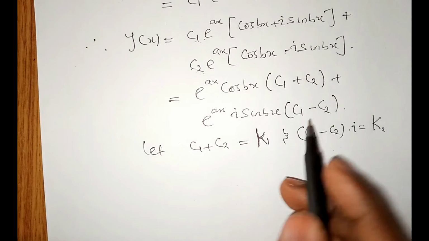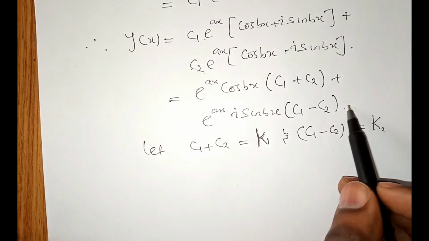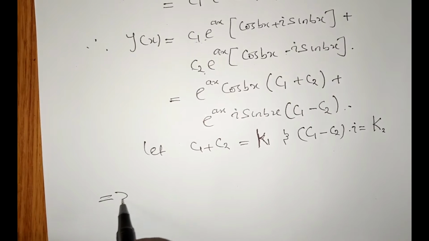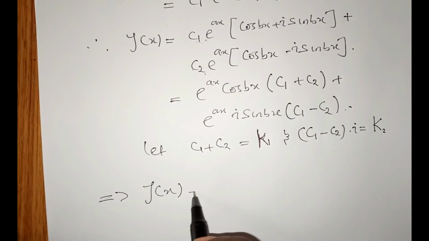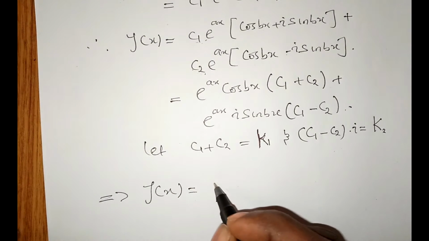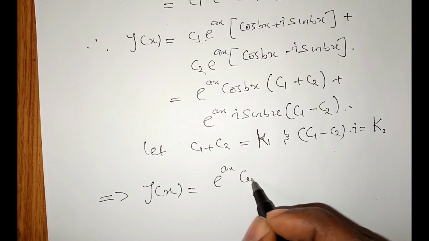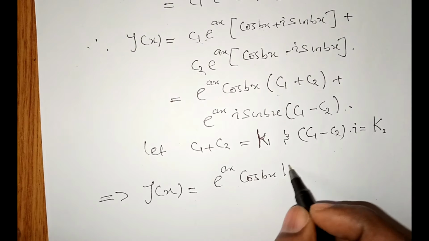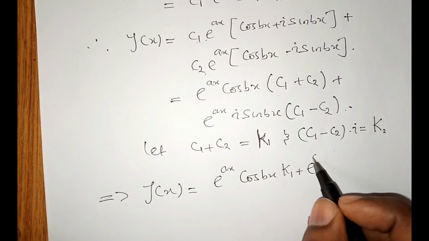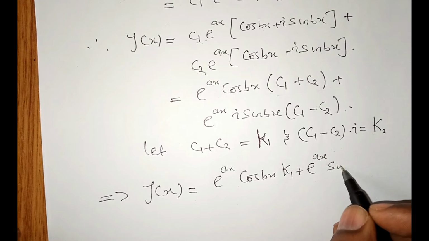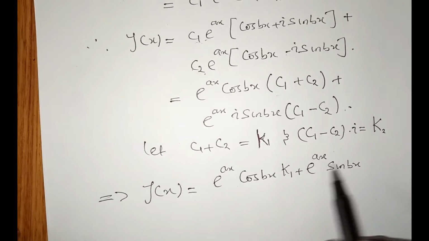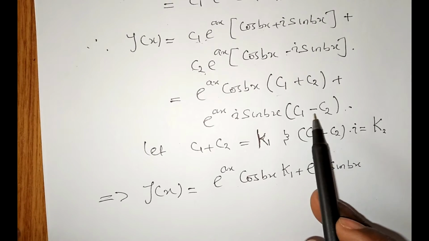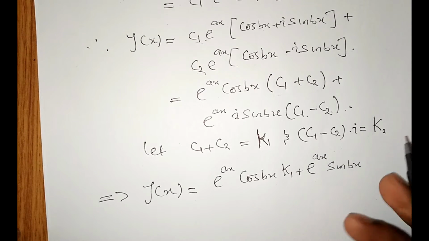So substituting this in this equation, then y of x will be equal to exponential ax cos of bx, all this is K1, plus exponential ax sin bx, then i multiplied by (c1 minus c2) is K2.